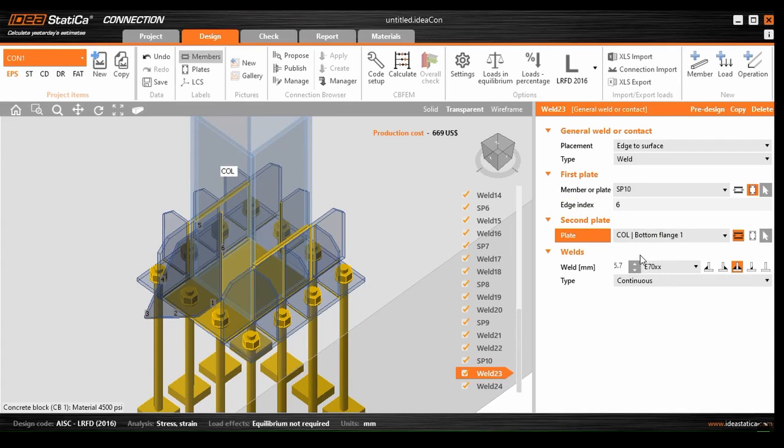And I want it to be a double fillet weld with thickness of 10.